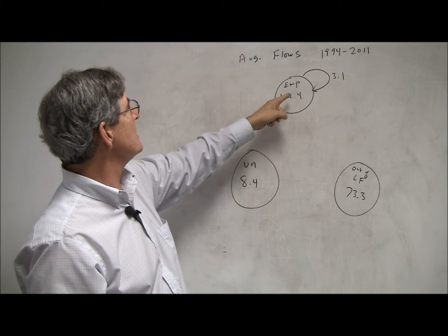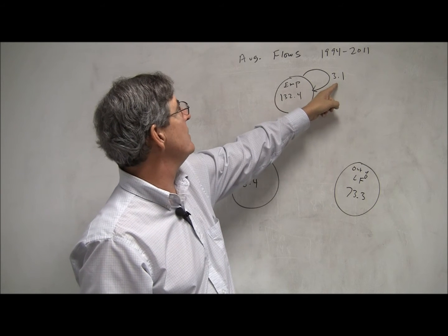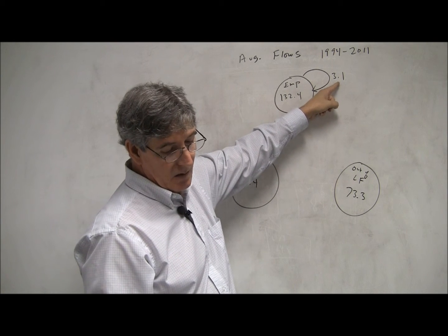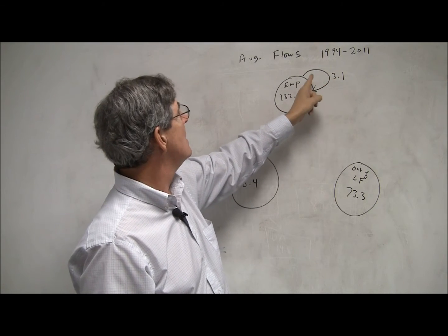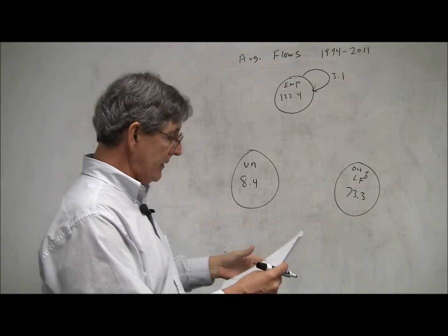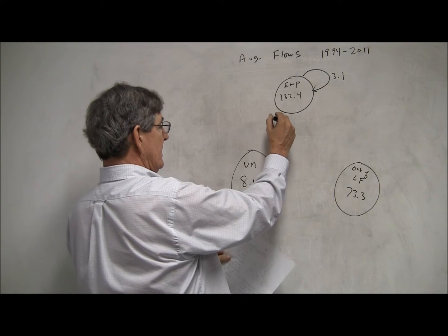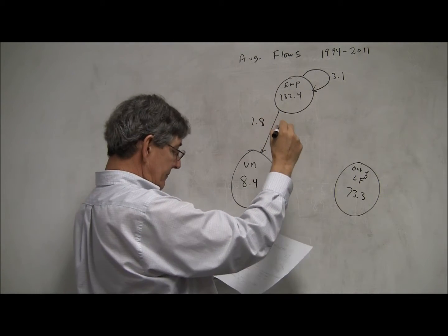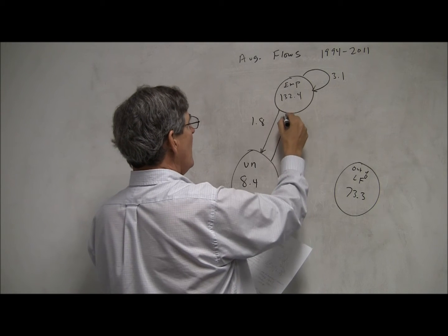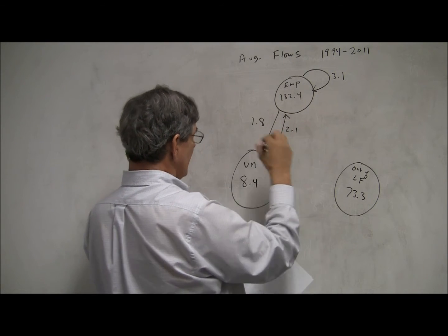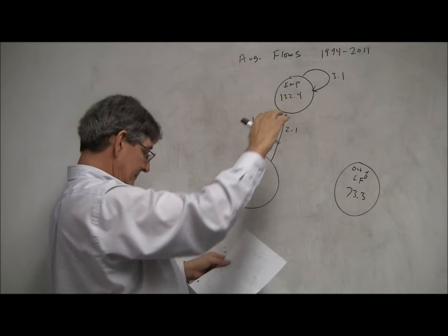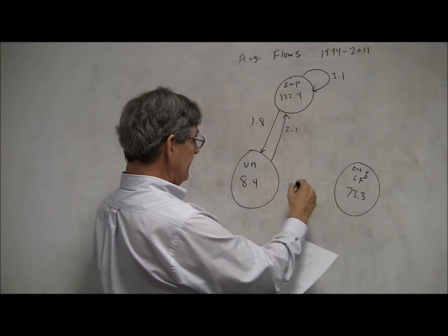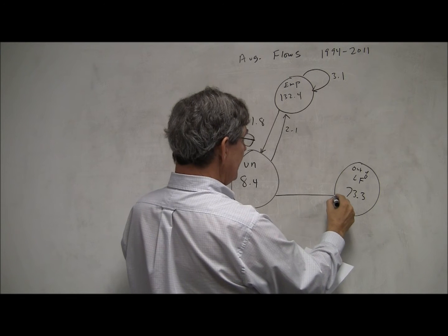And so you can just think of these as 3.1 million people on average each month, so these are monthly averages, will go from employed to employed. 1.8 million people go from employed to unemployed, and about 2.1 on average during this time go from unemployed back to employed.